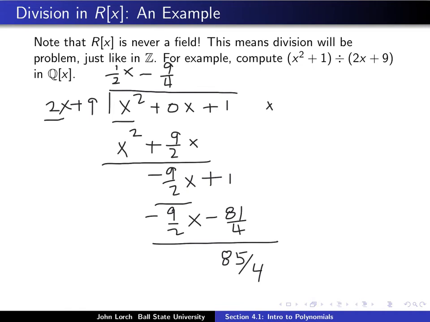We could have x squared plus 1 is equal to 2x plus 9, which is our divisor, times our quotient, which is 1/2 x minus 9/4, and then plus our remainder, which is 85/4.